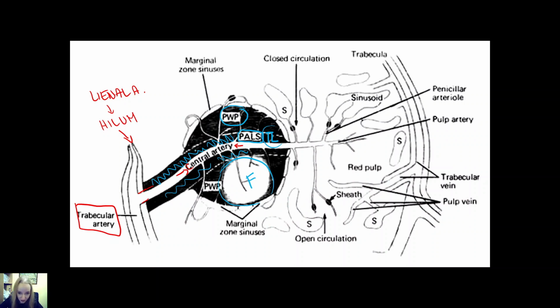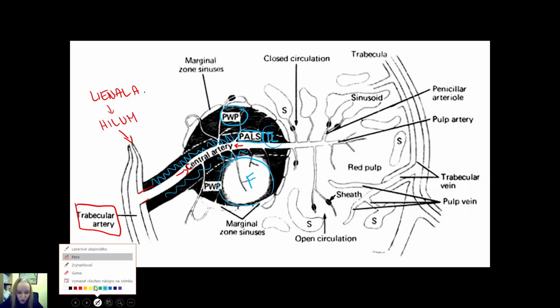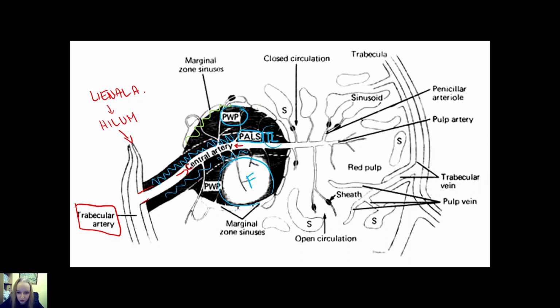Around peripheral white pulp we can see marginal zone, which contains very important marginal zone sinuses, and there are very big macrophages here, and they are specialized in immune response. So you should know that here we can see many macrophages in this marginal zone.